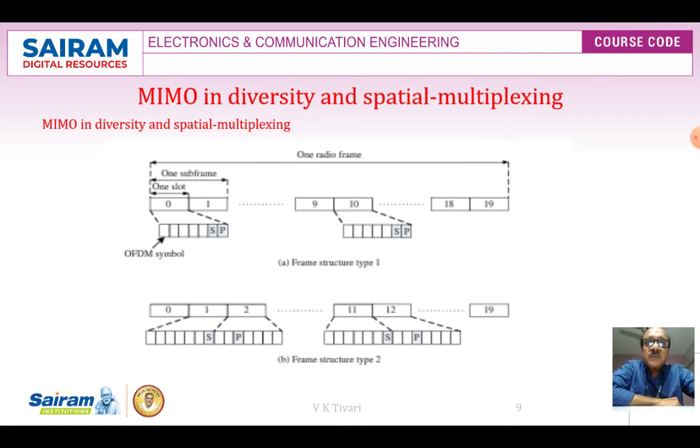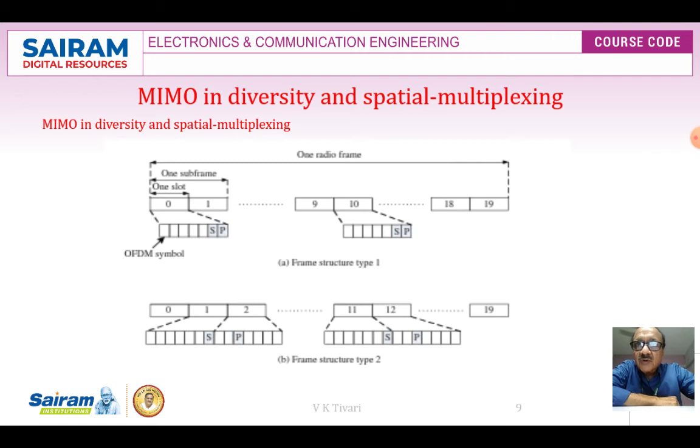MIMO in diversity and spatial multiplexing, you can see here how exactly. One radio frame, it is 0 to 19. That is where we already discussed the TDD time frame. Frame structure type 1 already defined your OFDM symbols, with one slot being 0.5 millisecond, and that makes one radio frame almost 10 millisecond, and there are frame structure type 1 and frame structure type 2.